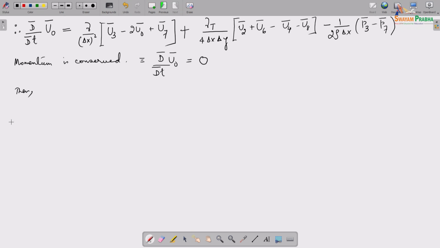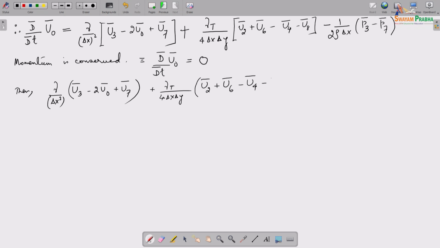So then I can write, at one point, that nu is equal to 1 by this delta x.